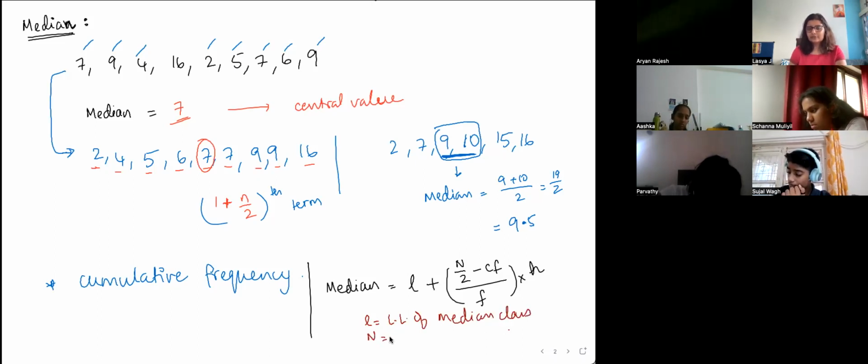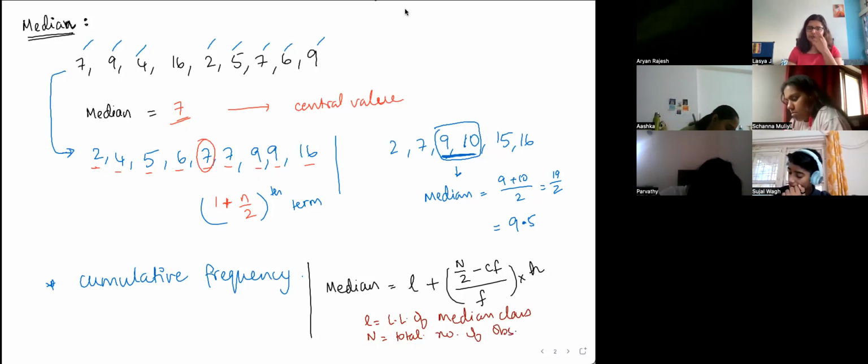Then n equal to total number of observations. So that's sigma f basically. CF is cumulative frequency of the class before the median class. So that's important.